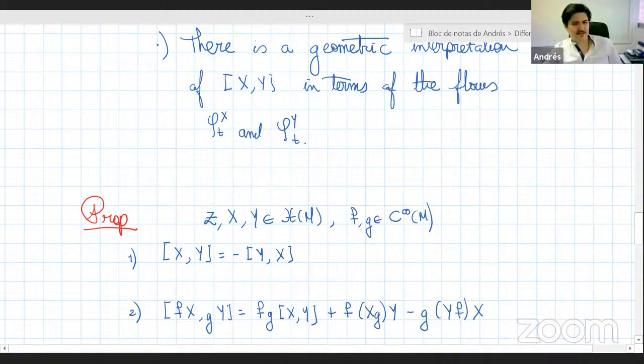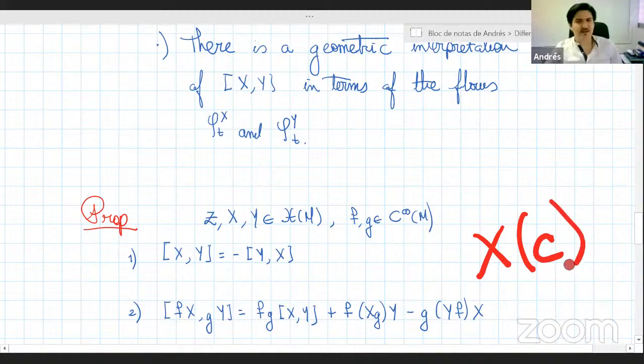For instance, if f and g are constant functions, remember that a vector field applied to a constant function is 0.